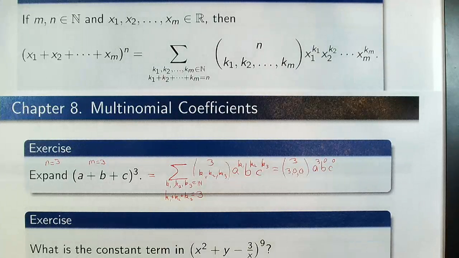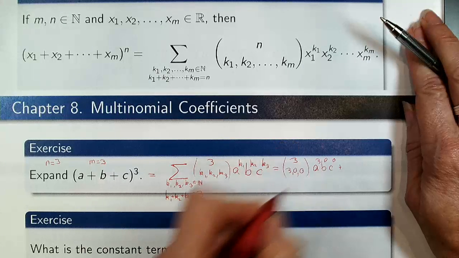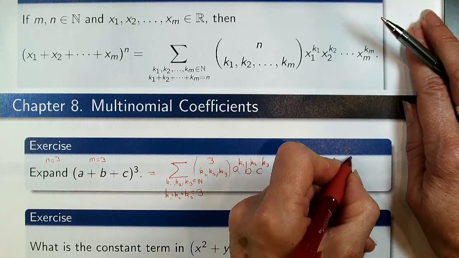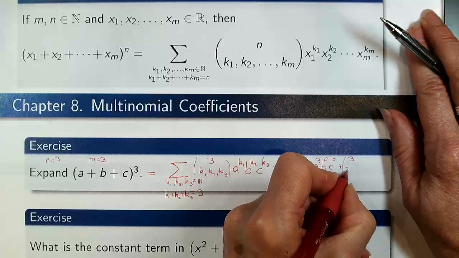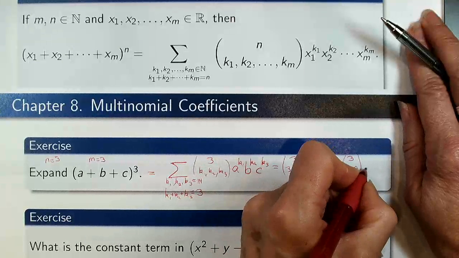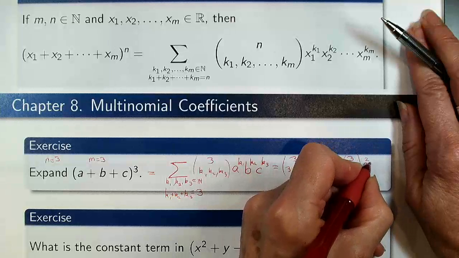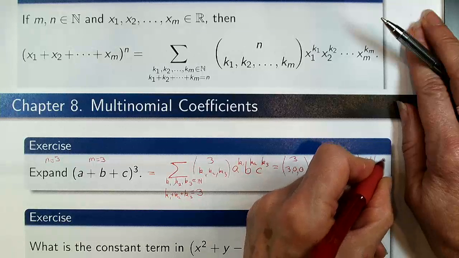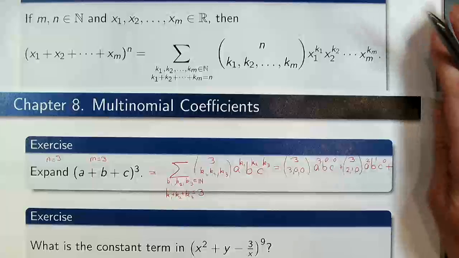So they disappear, and that actually is just a cubed when you simplify it. Plus 3 choose 2, 1, 0, a squared, b to the 1, c to the 0. Plus... okay, you get the idea.